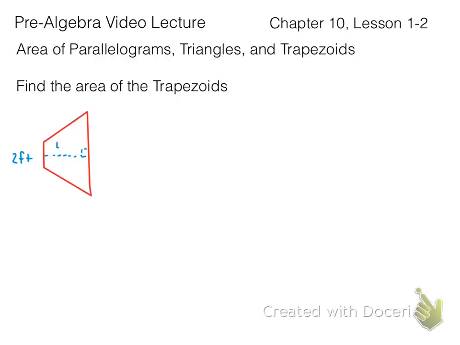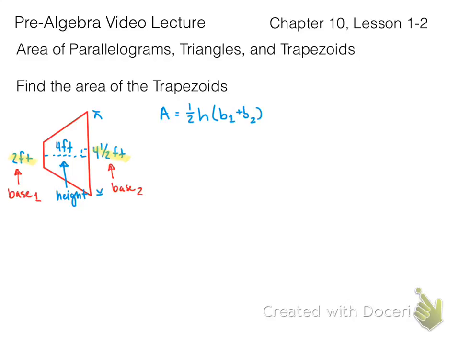So here's my trapezoid, and it has a base of 2 feet, a second base of 4.5 feet, and a height of 4 feet. So let's go ahead and plug this information into the formula. Well, the formula was area equals 1/2 height times B1 plus B2. Let's replace that. The A is still the area, 1/2 stays the same, the height is 4, base 1 is 2, and base 2 is 4.5, and now we're just going to use the order of operations.